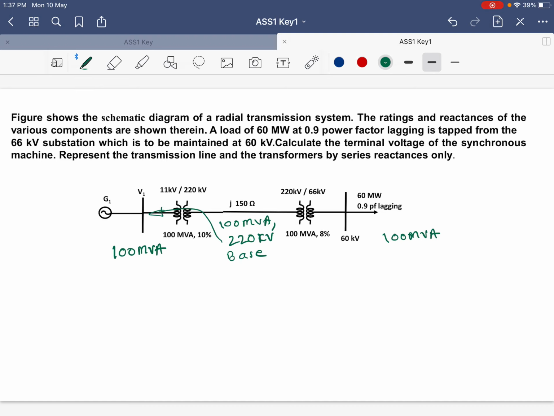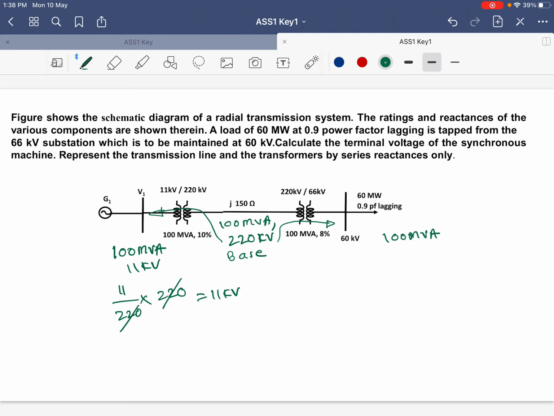Therefore, the base voltage is 11 kilovolts divided by 220 multiplied by the base voltage 220. Therefore, 220 gets cancelled, and the voltage we get in the generator circuit is 11 kV as the base voltage. Similarly, this same 220 kilovolts should be transferred to the load side.